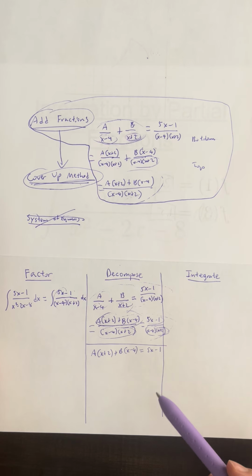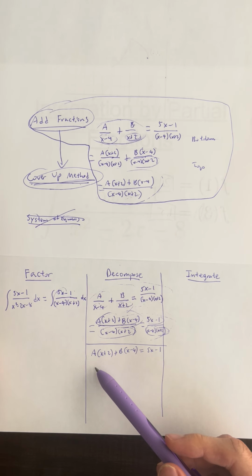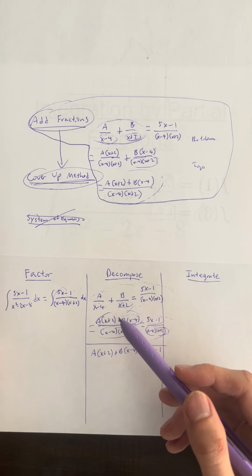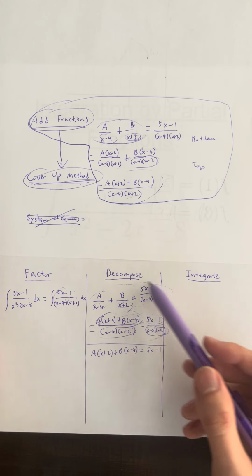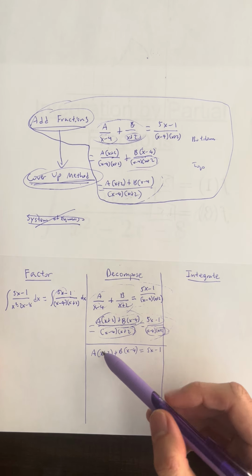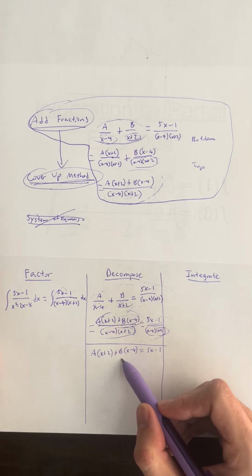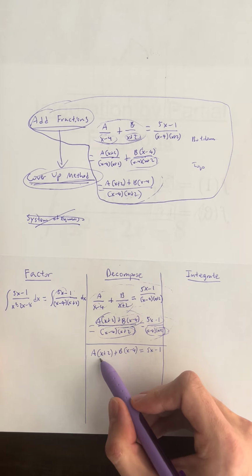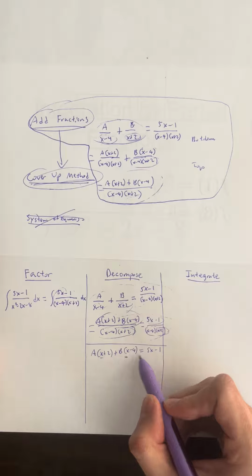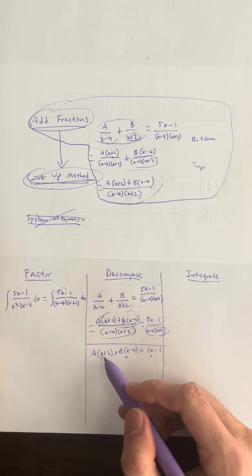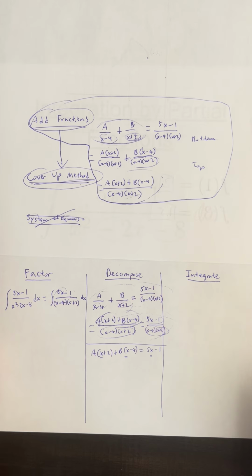How do we apply the cover-up method to figure out A and B? Well, we've reduced this problem into asking, what do A and B need to be, such that regardless of whatever I plug in for x into this equation, it'll always be true.